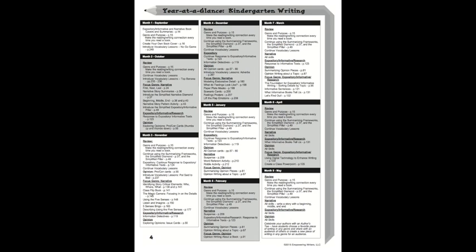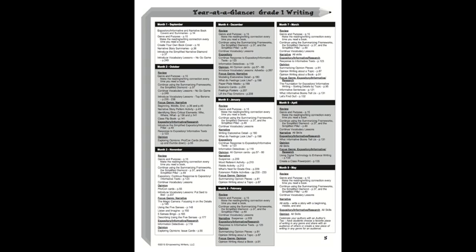If you have no curriculum in place at all and you're really looking for something comprehensive, then using our Year at a Glance guides will help you to create a cohesive, comprehensive map for your entire year. You've got Year at a Glance guides, and each of the lessons is specified month by month.